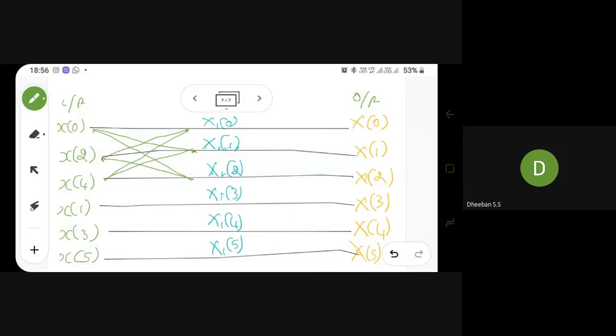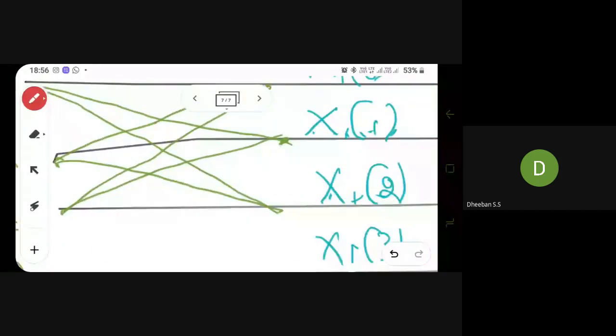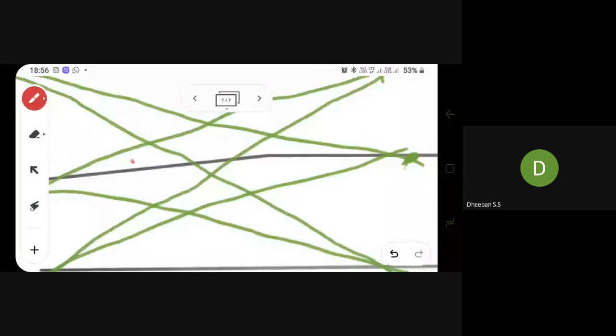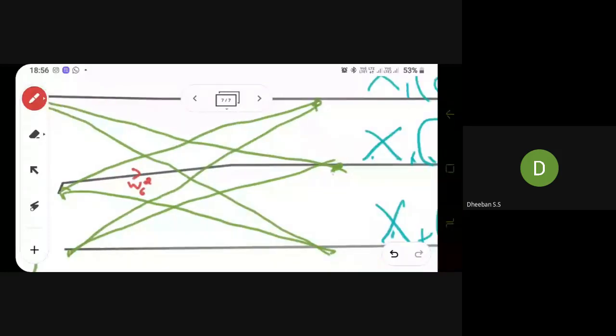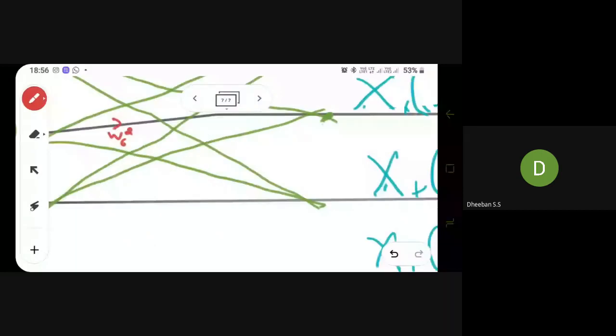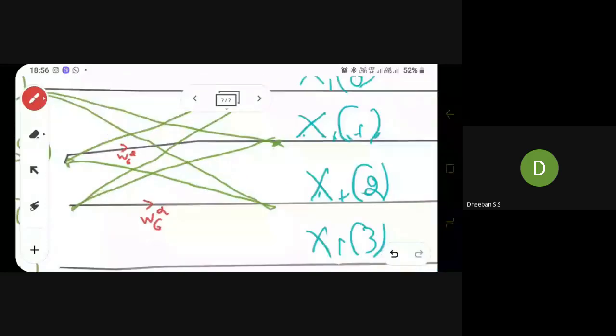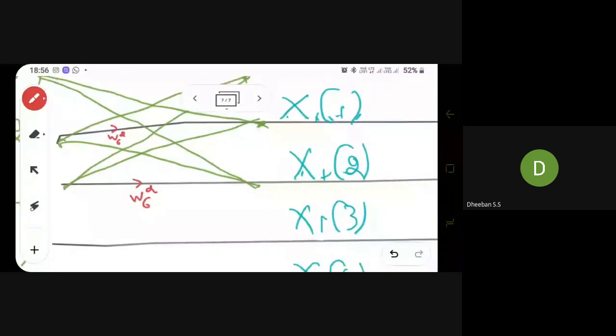Over here the twiddle factor value will be W6 of 2. This W6 of 2 will be repeating over here. Similarly, this repeats over here.